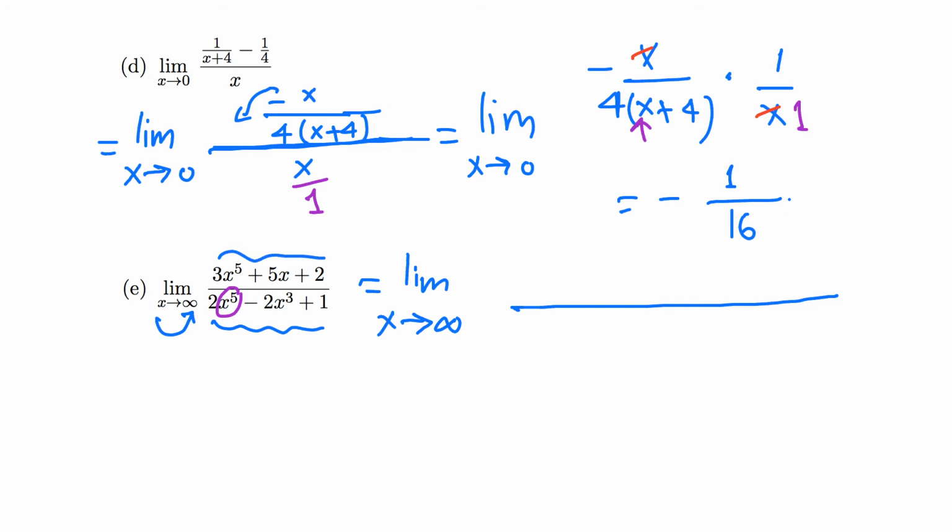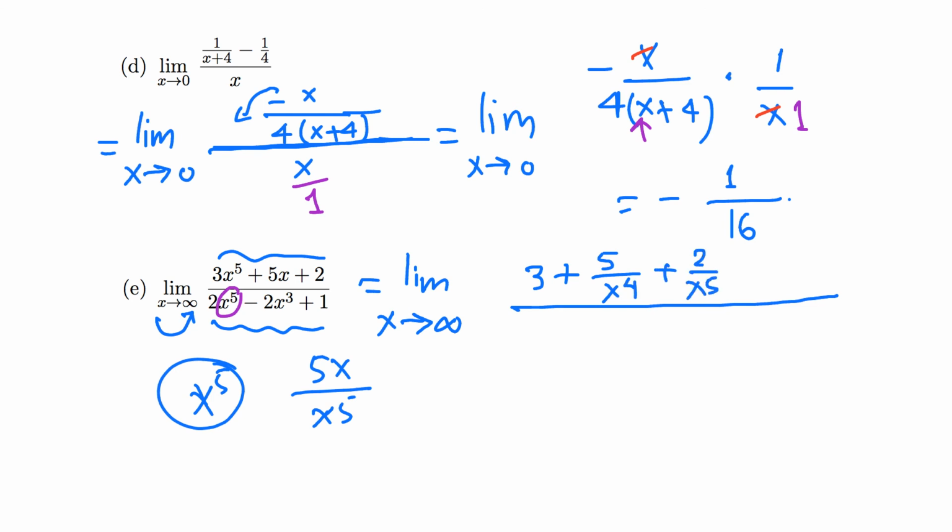So dividing by x to the 5th, 3x to the 5th divided by x to the 5th, just 3, plus 5x over x to the 5th. So basically 5x over x to the 5th, 1 copy cancels, so 5 over x to the 4th, and plus 2 over x to the 5th. Similarly on the bottom, 2 minus, we have negative 2x cubed over x to the 5th, 3 copies cancel, just 2 copies left, negative 2 over x squared plus 1 over x to the 5th.